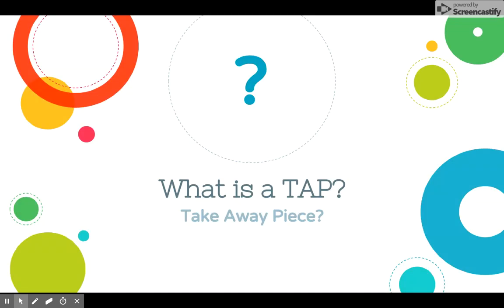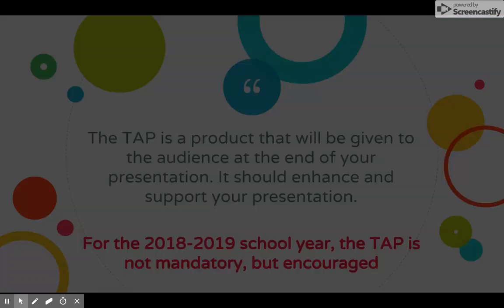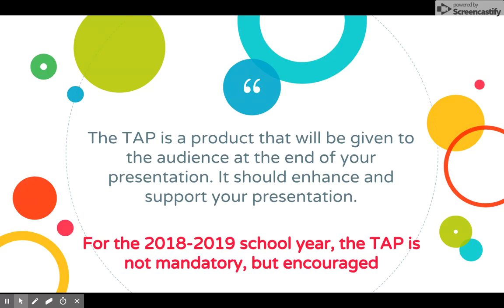All right, we're going to talk about the takeaway piece, or the TAP. What the takeaway piece is, it's an object, a trinket, something that the audience can take with them, something you can give to them that either serves as a nice token of attendance or something really cool related to your project.